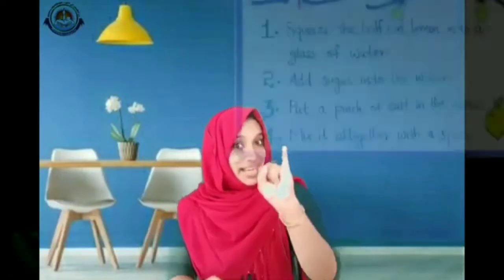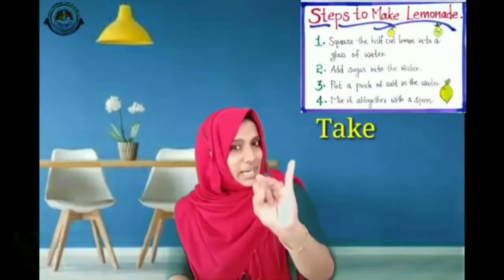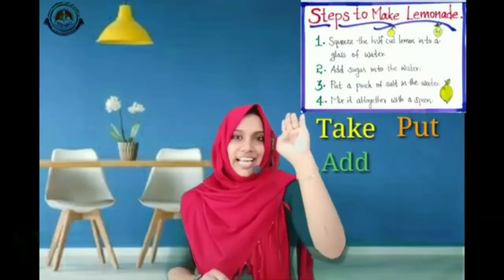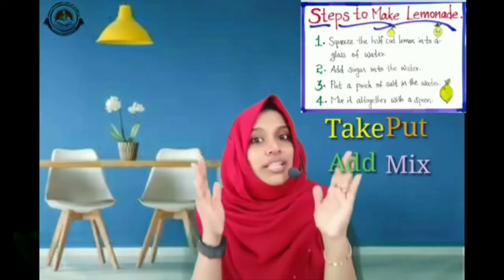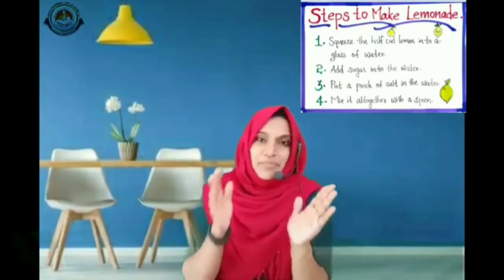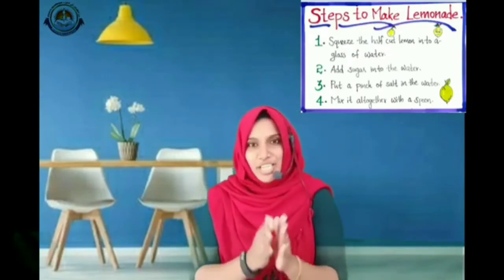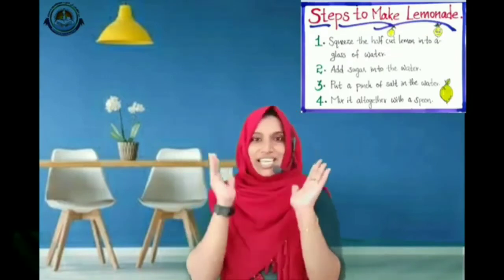So what are the doing words in these steps? Right, take, then put, add, and mix. So these are the doing words. This is how, with the help of a recipe, we can make a tasty lemonade.